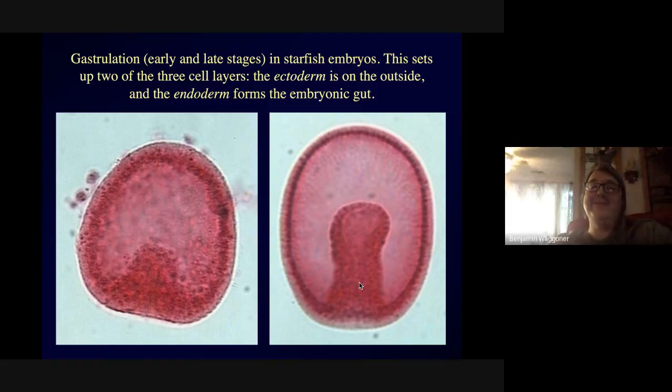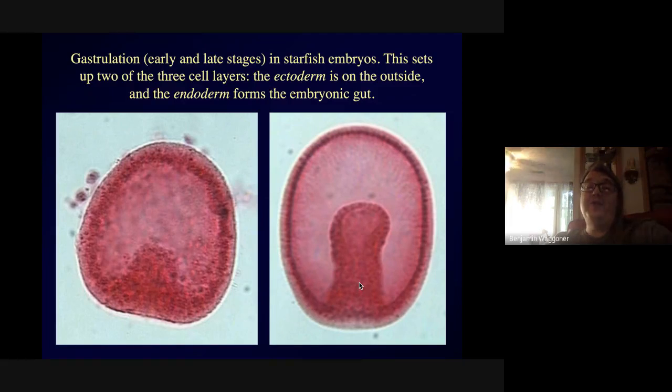You'd make a dent in the balloon. Well, on the left, there's an early stage of that dent. There's a later stage visible on the right. You can see that dent has gotten a lot longer and it's expanding a little bit at the tip and it's forming a definite tube.